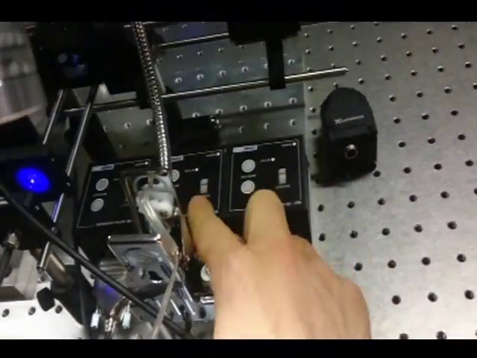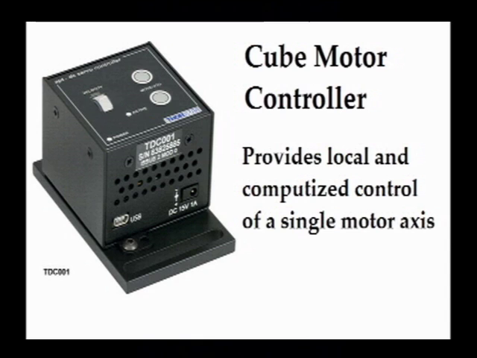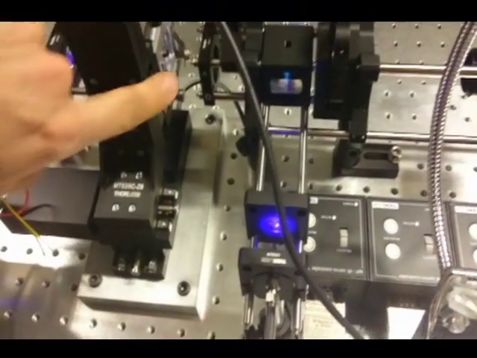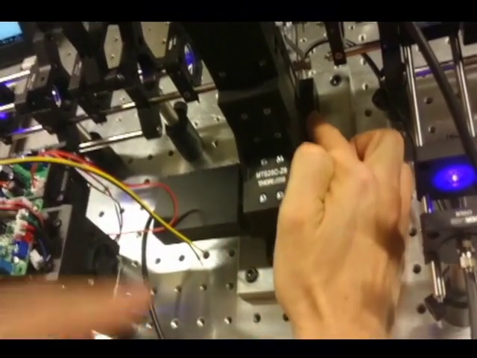Then we have 3 controller units. Those controllers provide the local and computerized control of each single motor axis. They are connected to 3 stages, as you can see here.